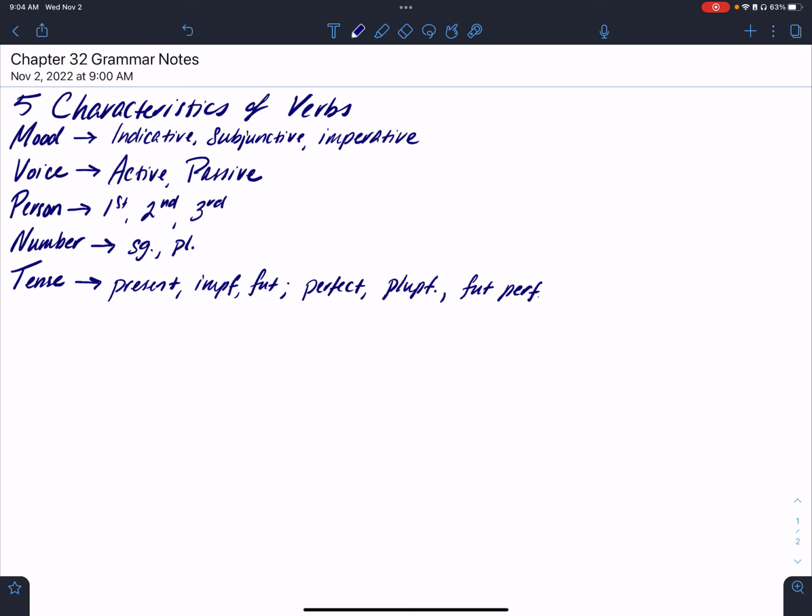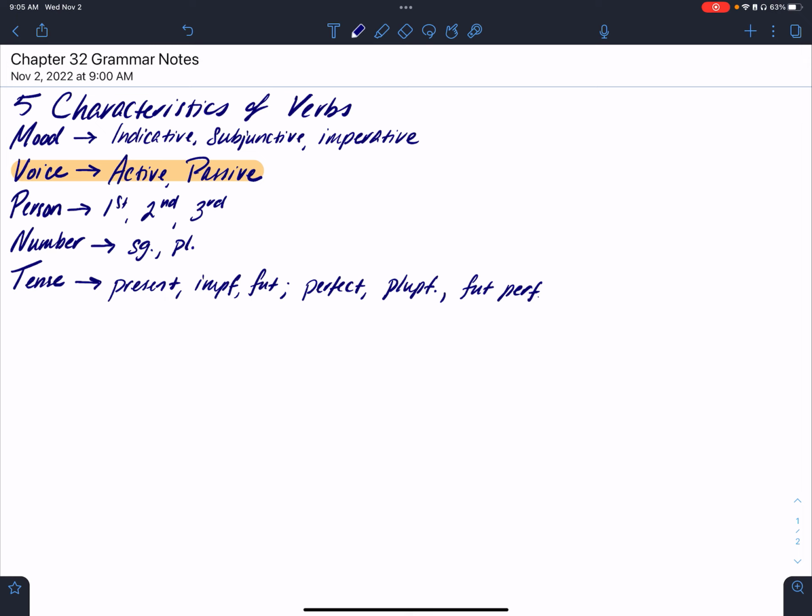Now, we're going to talk specifically about voice, active versus passive. Well, rather just passive today. How do I form the passive voice in the present, the imperfect, and the future? Do you remember?